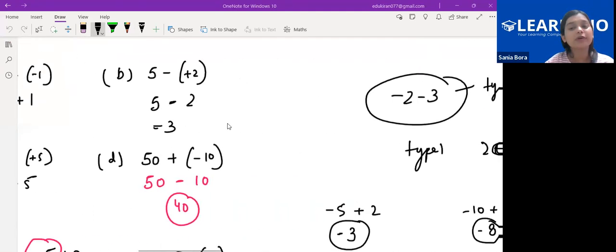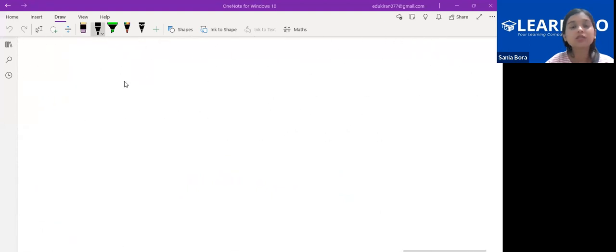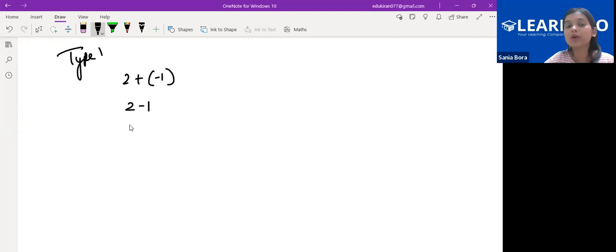So in the type 1 question, basically what we learned was, for example, 2 plus minus 1. So plus minus minus. So 2 minus 1, the answer would be 1.